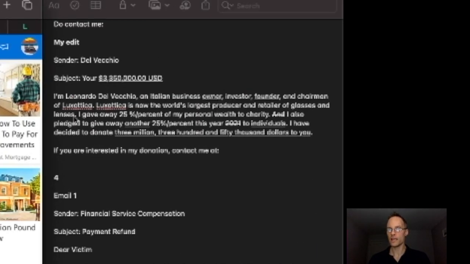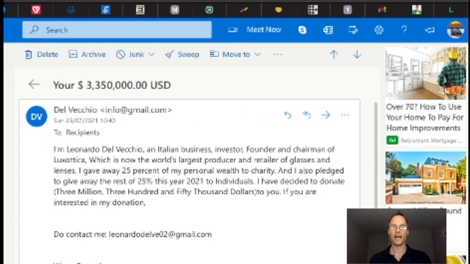And also you can see here, I gave away 25% and I put a percentage sign and the word percent, because, as you can see down here, on the next sentence, he puts, I also pledged to give away the rest 25% this year, 2021, to individuals. So here he's put the word percent, here put the sign percent.